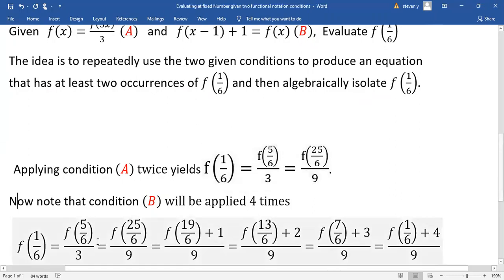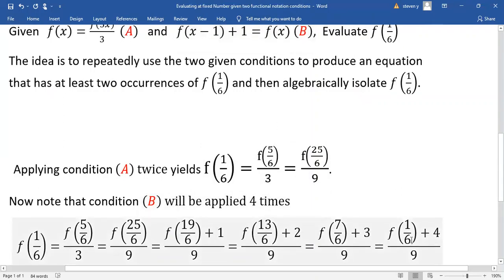Now you can see right here, all I did was just recopy this back down here, okay? And this is a long string of equalities. But you can see, just like I was telling you, when you subtract 1 from 25/6 according to condition B, you get 19/6. When you subtract 1 from 19/6 by condition B, you get 13/6.